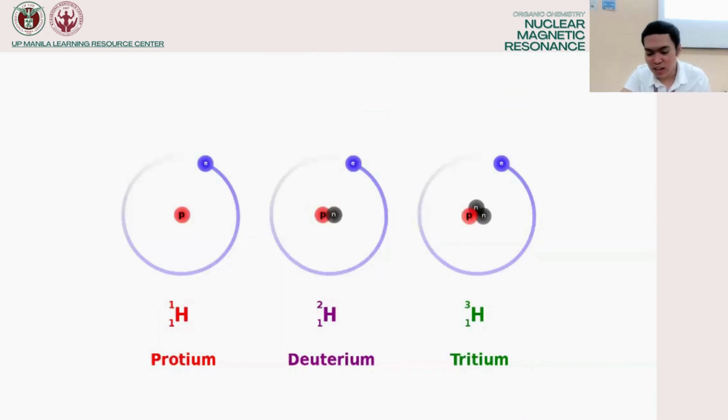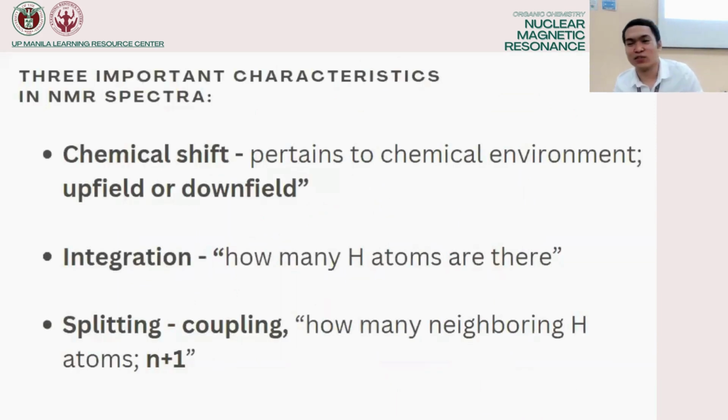Ayan. So, dito na tayo sa determining NMR spectra. Ano ba yung mga important characteristics na kailangan natin i-take down note sa NMR spectra? We have to deal with the chemical shift.